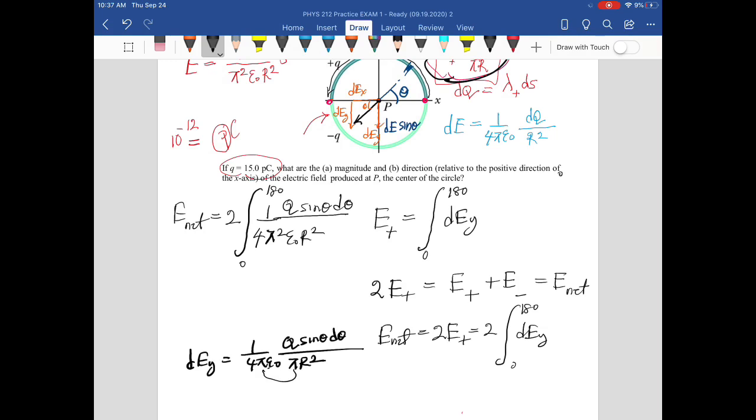So we have everything: q sine theta d theta, over 4 pi squared epsilon naught r squared. So this is what we have.